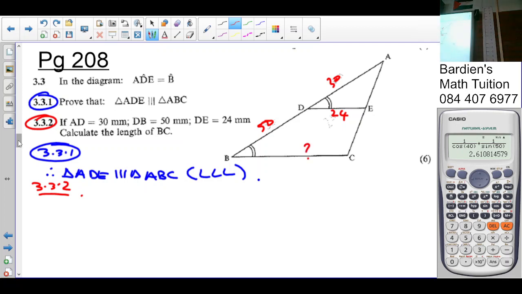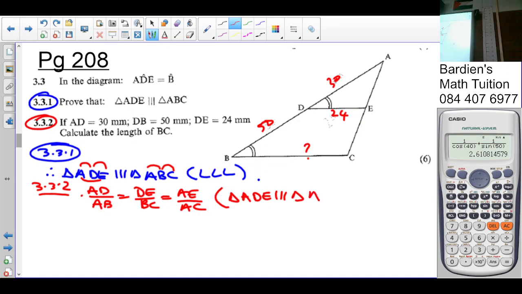So what did I say? Majority of the time, you will have a distance question following a similarity question. So it's going to be AD over AB equals DE over BC equals AE over AC. Why? Because triangle ADE is similar to triangle ABC.